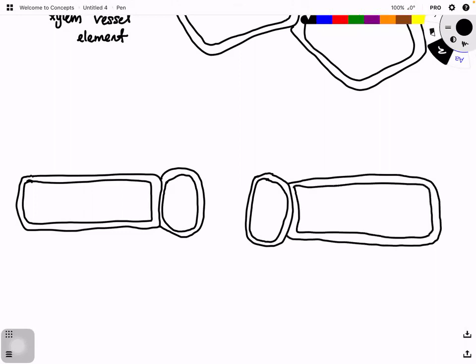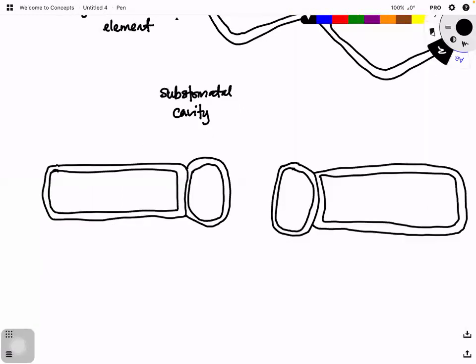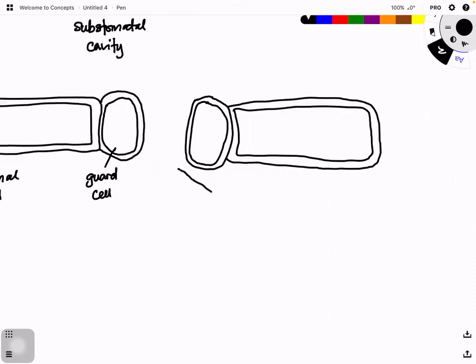So I label here, this one is the substomatal cavity. This one is the epidermal cells. And this is the guard cell. And then we do have the stoma.